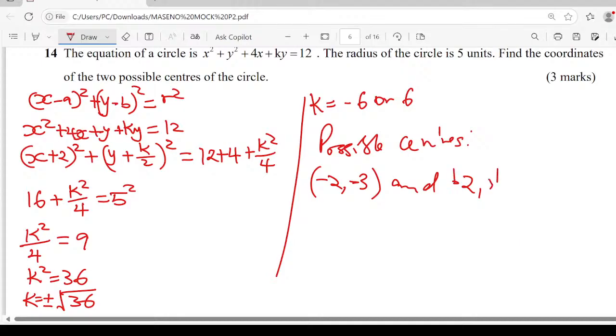Those are the possible centers. Apologies for this, dear learners, my pen is not writing well. I'm going to have this as -2 and +3.